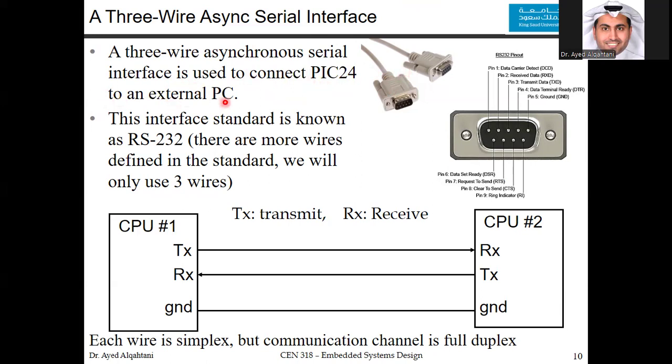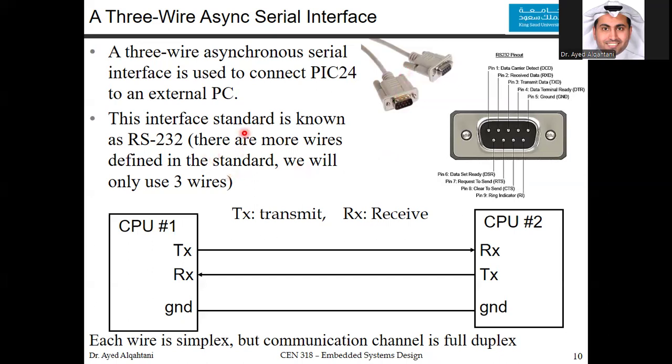So a connection between your laptop or PC and the microcontroller could happen this way. This way is actually a standard, and it is known as the RS-232. There is another way that we are working on in the lab, which is using the snap, and we talked about this when we talked about the GPIO lecture a long time ago.